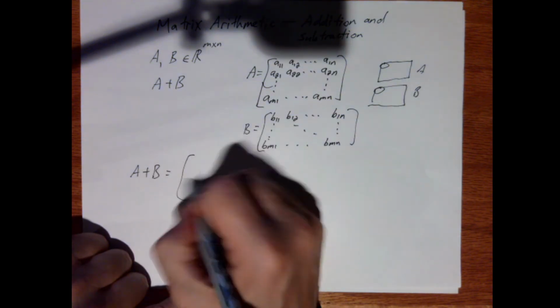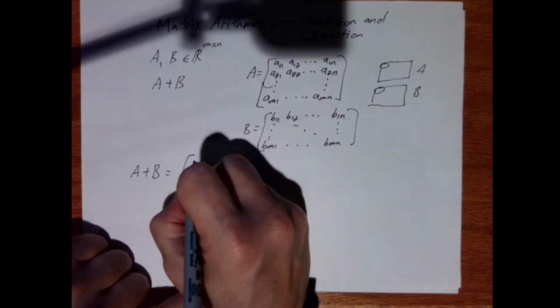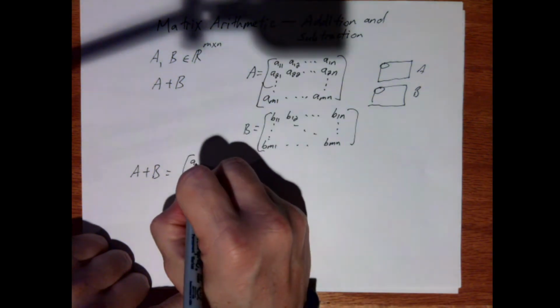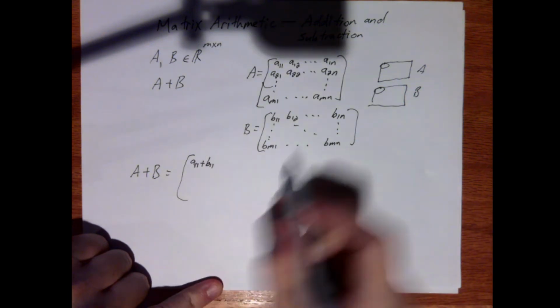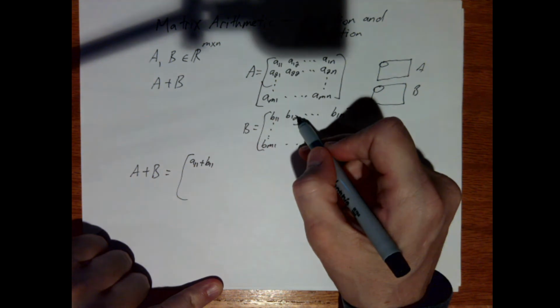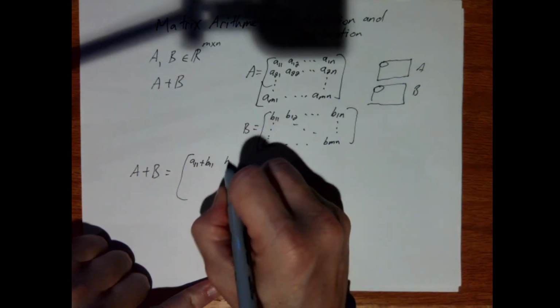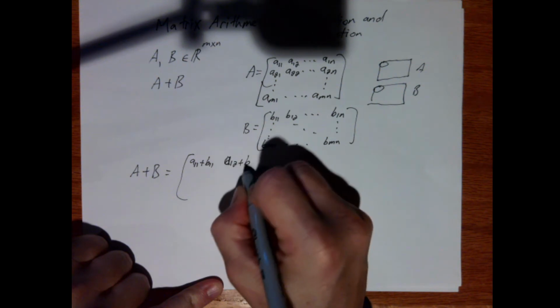So this new matrix here, which will also have shape M by N, will have this first element, which is A11 plus B11. And to the right of that, we take the second number of the first row in each matrix. So this would be A12 plus B12.